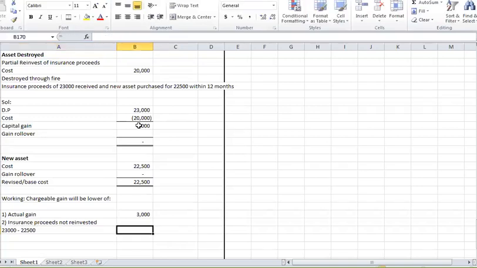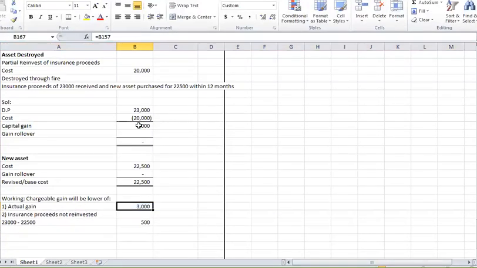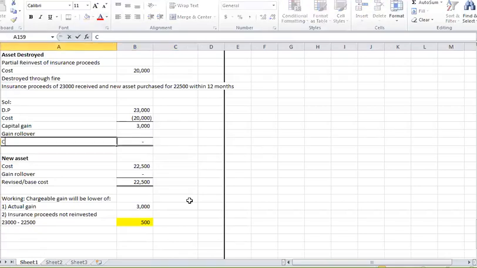The amount which has not been reinvested, the amount which we have kept in our pocket, is 500 pounds. And what is the lower value? Obviously 500 pounds is the lower value. So 500 pounds is chargeable over here. So this is your chargeable gain.